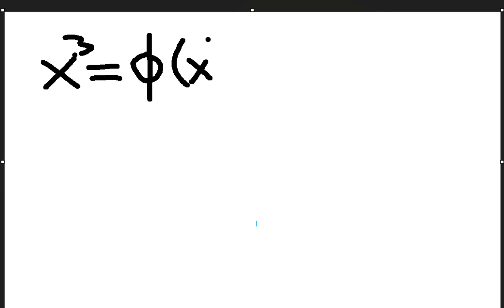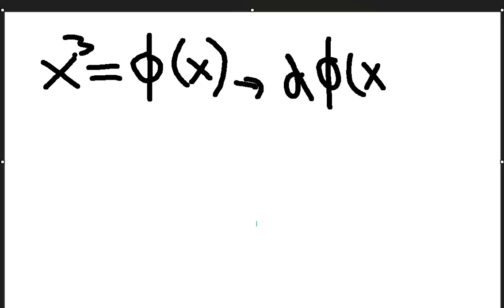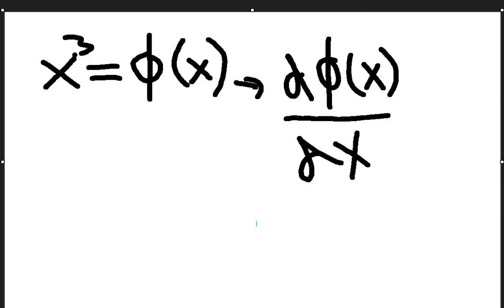Imagine we're working with a wave function, like say, I don't know, x cubed is equal to, let's call it phi of x. Well, the derivative would be d phi of x with respect to x. And in this case, in case you're wondering, the derivative would be 3x squared.